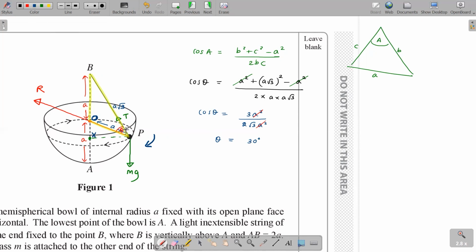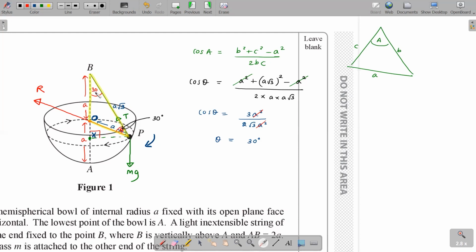Do you realize? So this theta is 30 degrees. If this theta is 30 degrees, the next thing you realize is OBP is an isosceles triangle, which means the angle at B is also 30. And then this is a 90 over here, which means this big angle down here should be what?